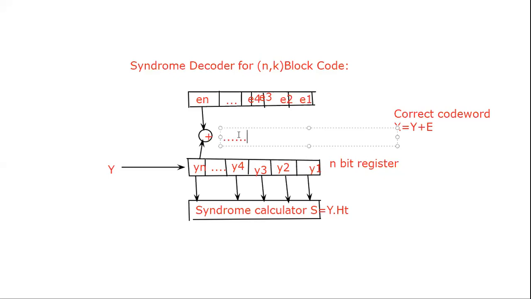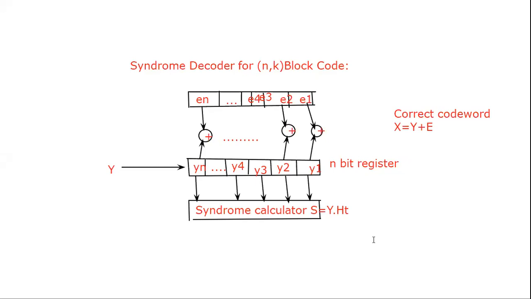So on. Okay, like this. Now we are having the error code vector, received code vector, syndrome calculation.